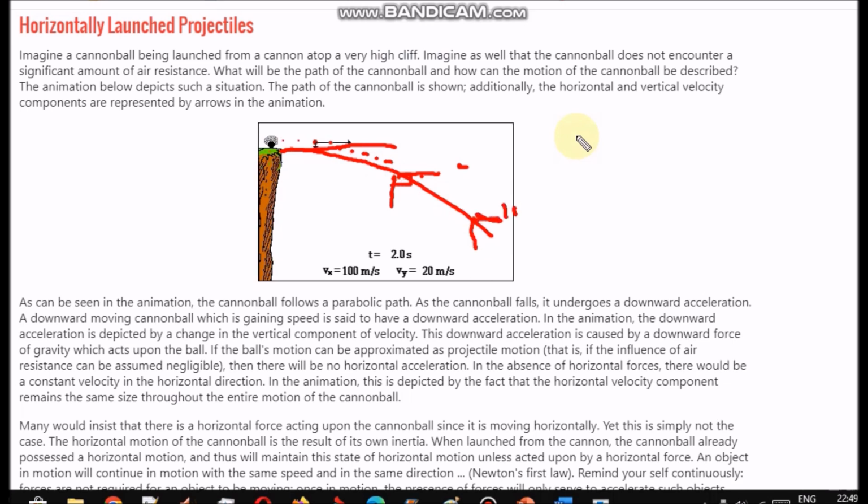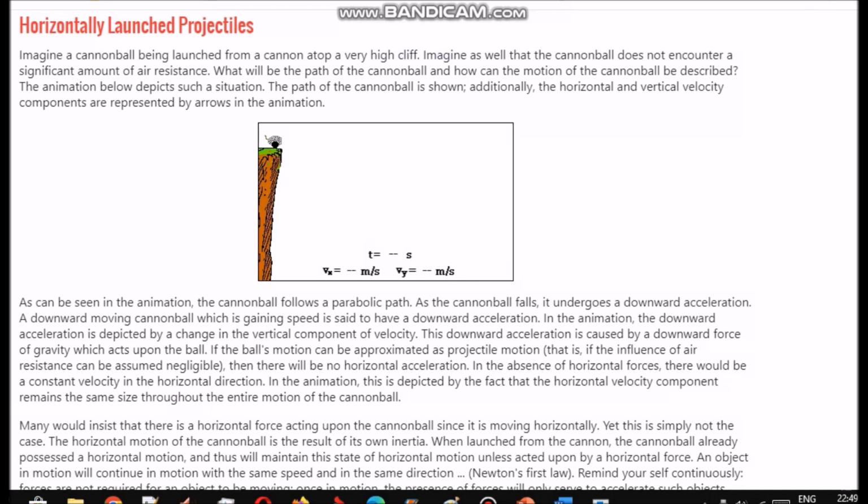This is the horizontal and this is the vertical motion. We have the horizontal on the x and the vertical on the y, without any angle. Such kind of motion is horizontal projection.